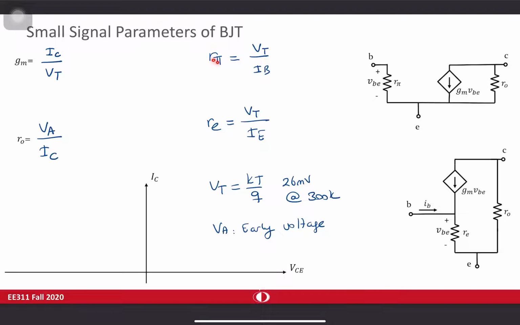R-pi is appearing at the base, so you use the base current. RE is appearing at the emitter, so you use the emitter current. Only for R0, instead of VT, you use VA, because you want high resistance and VA is a high voltage. R0 is appearing at the collector, so you use the collector current.